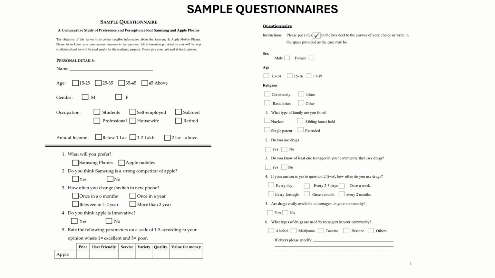Whereas for age, it is grouped: 15 to 25, 25 to 35, 35 to 45, and 45 and above. So this is a close-ended question. These are very important because they determine the kind of option you are going to pick when you are creating your form in any of the online forms.